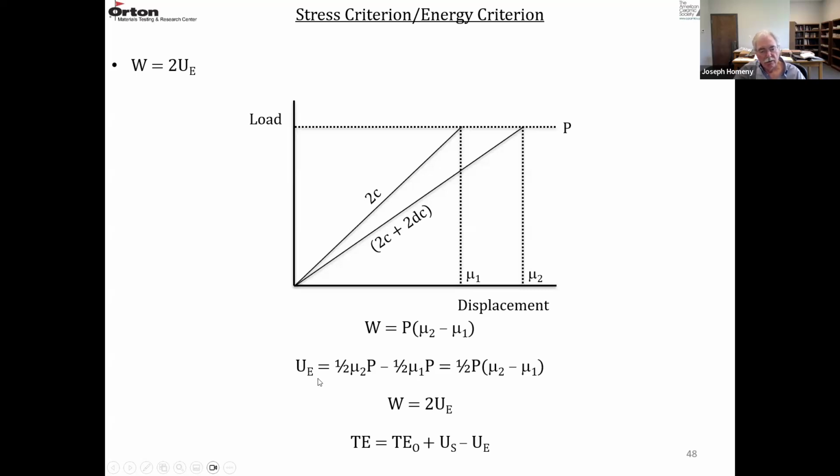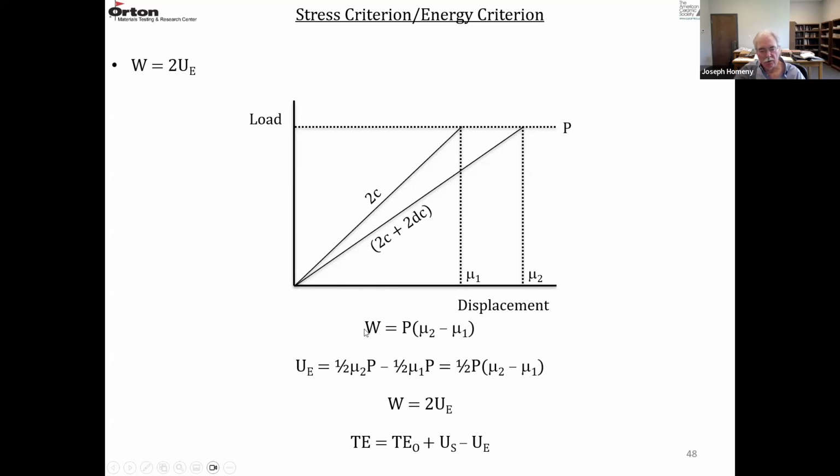And then the stored elastic strain energy is the difference between the area under these two curves. So 1/2 u2 times P minus 1/2 u1 times P. So the stored elastic strain energy is equal to 1/2 P and the difference u2 minus u1.